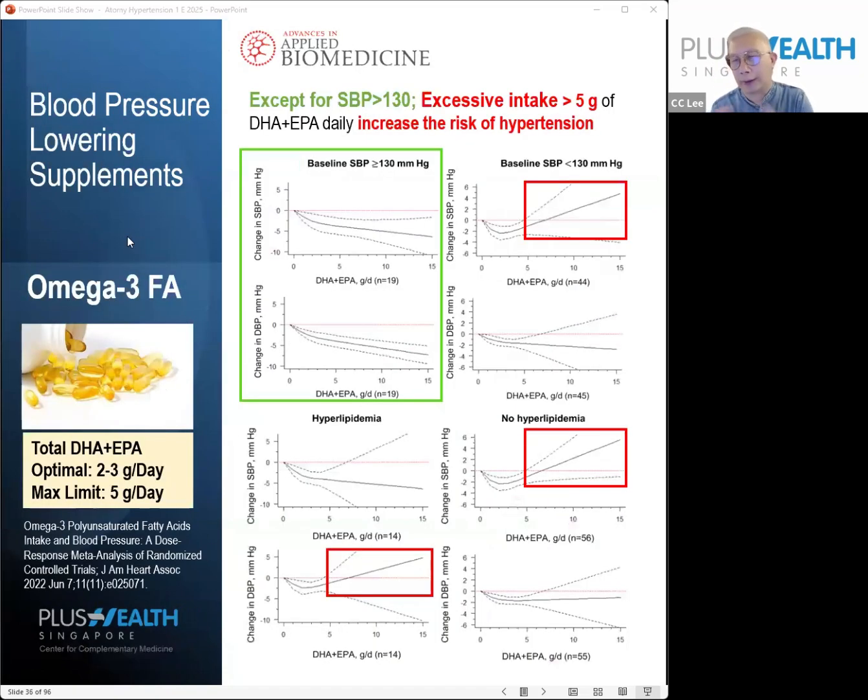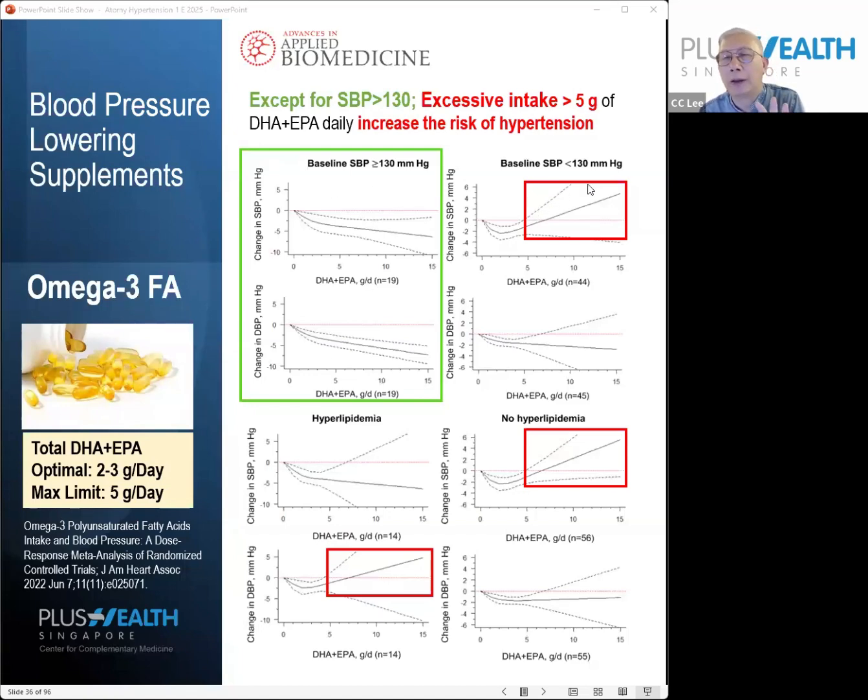Okay, now omega-3. I put it that way because omega-3 is a very useful supplement with a very broad spectrum of benefits, and in Atomy there are 2 omega-3 products. So I want you to be aware of what to apply, when to take it, and to take it appropriately. Here we show a hypertensive group and a normal, non-hypertensive, healthy group.